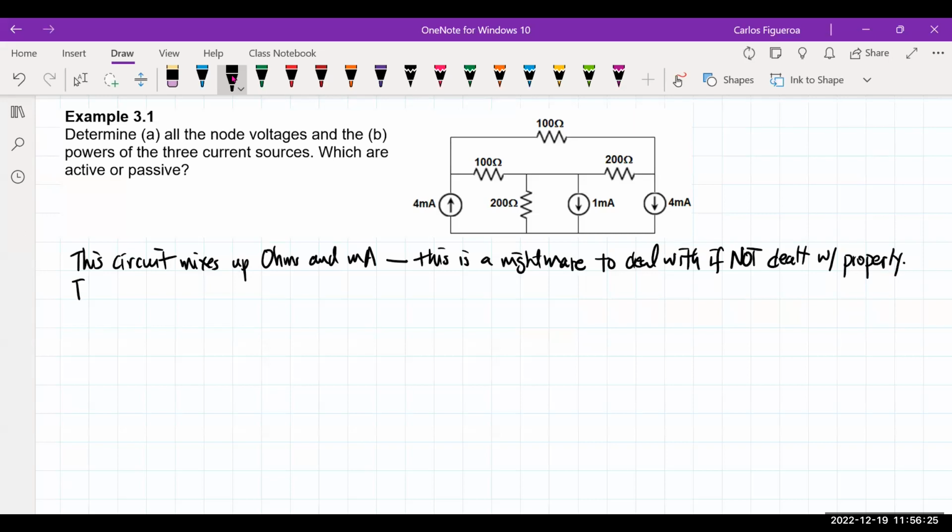So we want two simplifications. The first one is that circuits with kiloohms always produce milliamp currents.